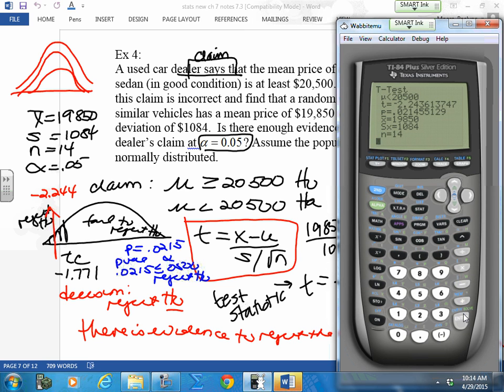Questions? So same as before, but I think your cutoff is a little easier. Because the table is set up where some of you forget to divide by 2, you really don't have to do that. You have a 1 tail or a 2 tail.